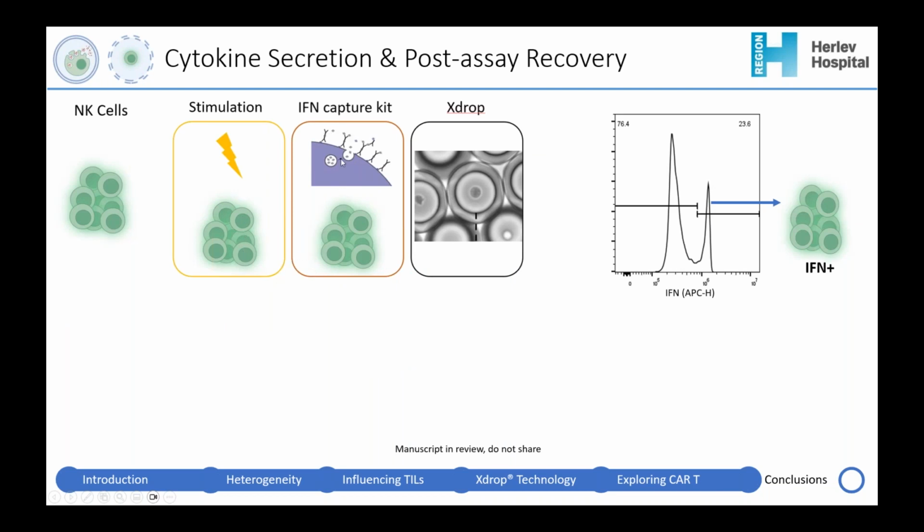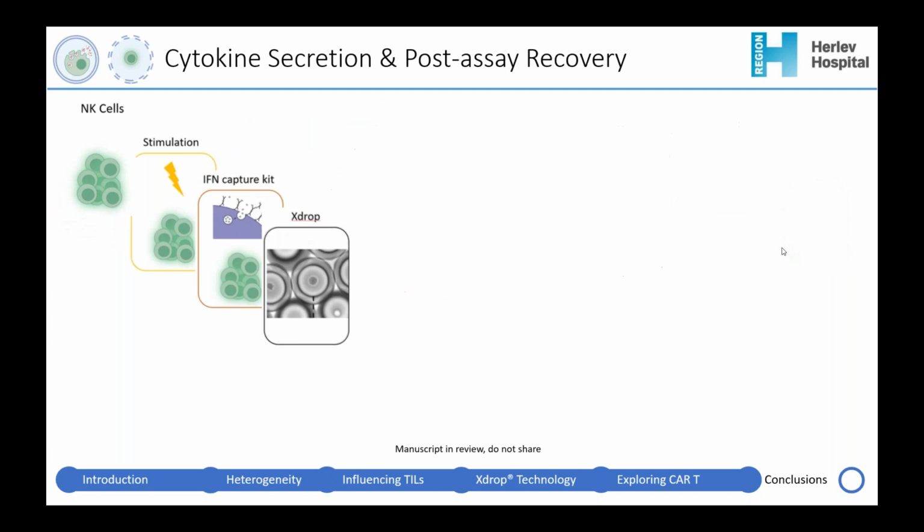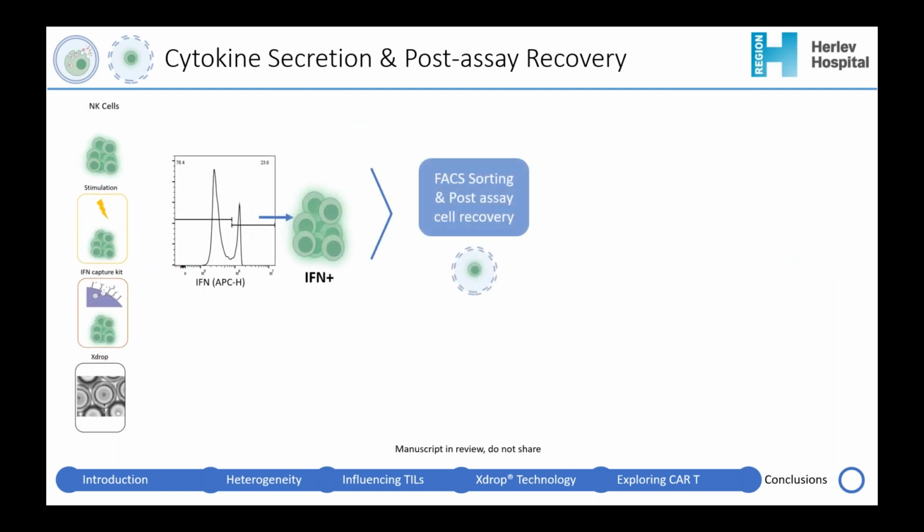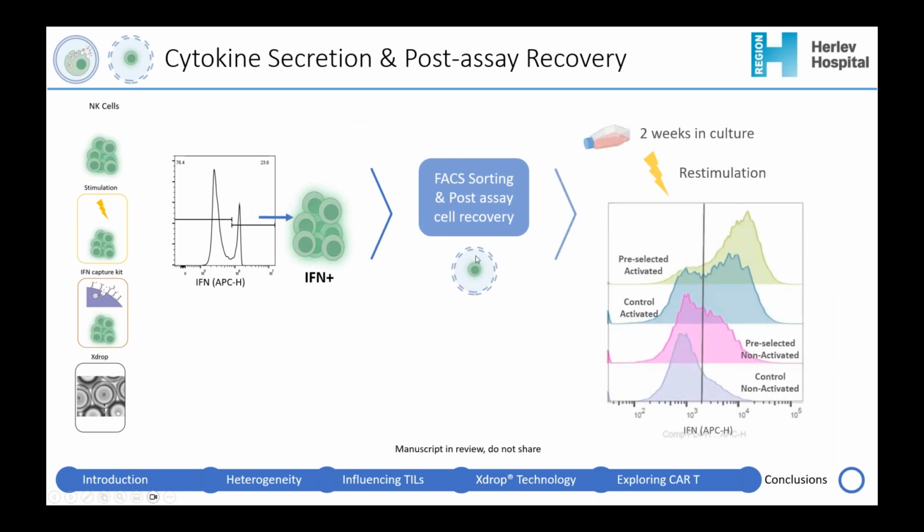The interferon gamma capture kit was used. The Xdrop protocol was run for encapsulation, and then they were run on the flow cytometer. So here we see a strong interferon gamma positive population. So from here, we're able to do some FACS sorting and then post-assay cell recovery.